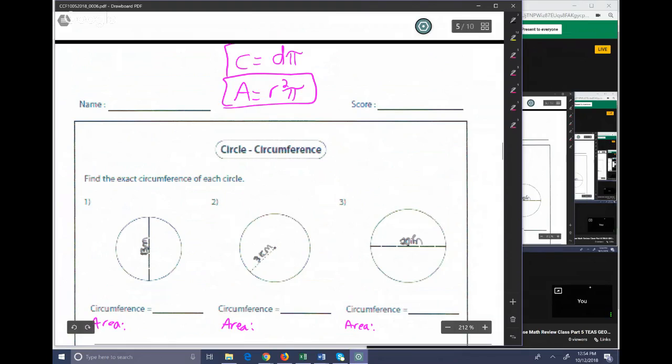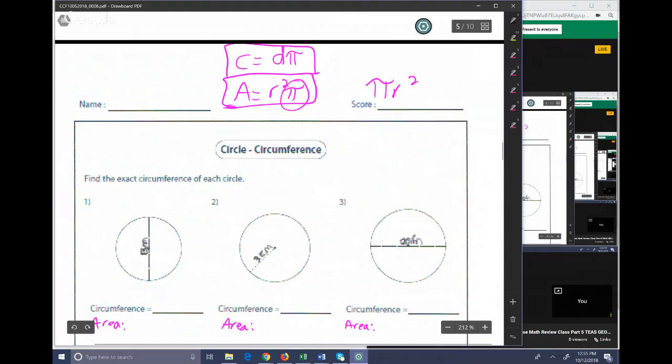Again, if you're seeing this for the first time and you didn't do the other class, I also put the pi sign at the very end every time. So you probably remember the area formula as pi r squared. To me, that's illogical, because a lot of times you're going to leave the pi sign at the end of the problem in your answer.